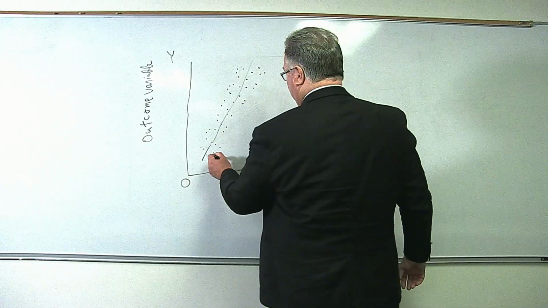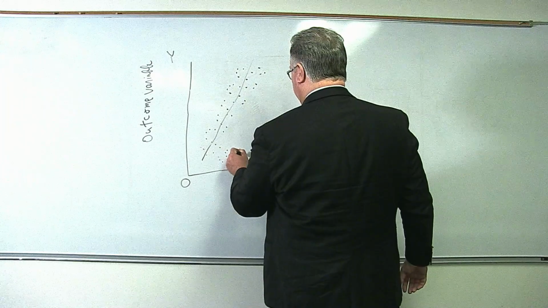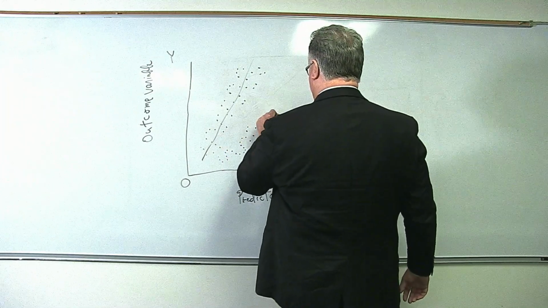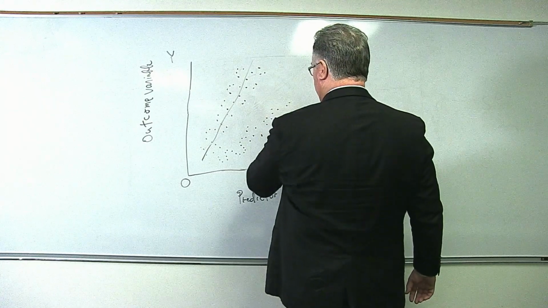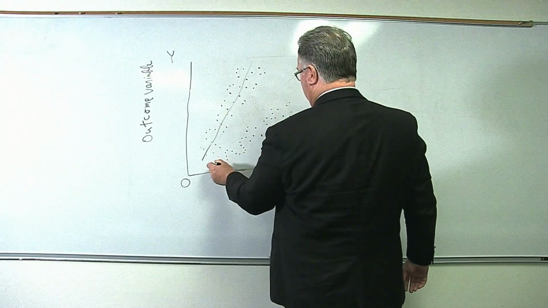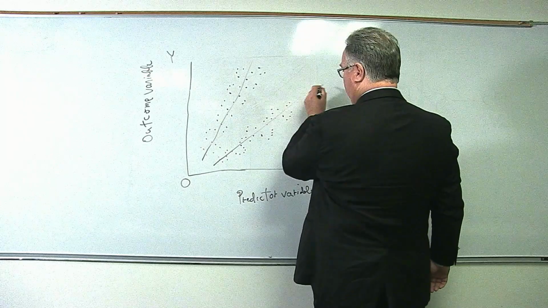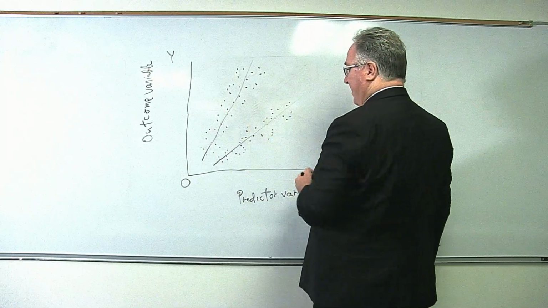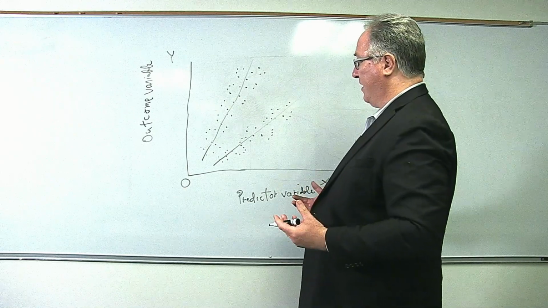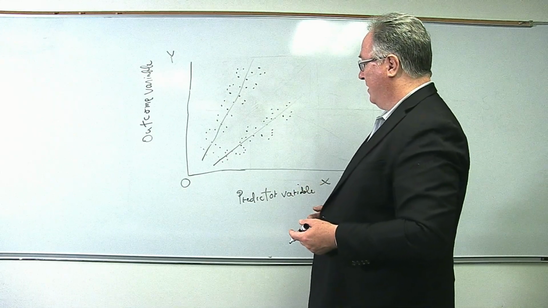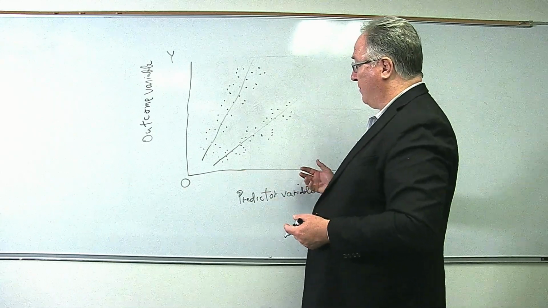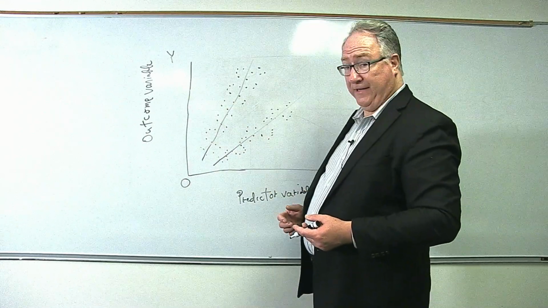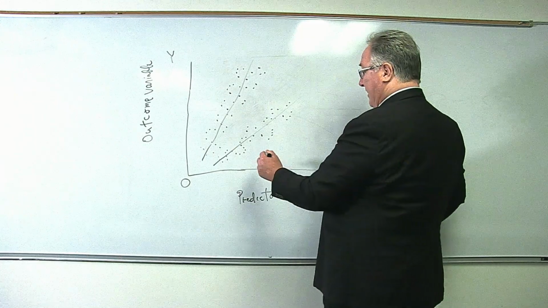But if you have this pattern of observed values, well, again, a linear relationship, but not quite as steep of a slope as we had here. And so the strength of the relationship is not quite as strong. So as values go up in the predictor variable, they go up in the outcome variable, but not quite as rapidly. And then you might have something like this.